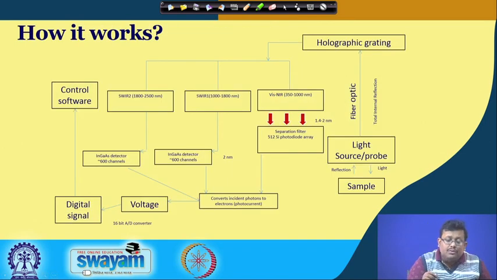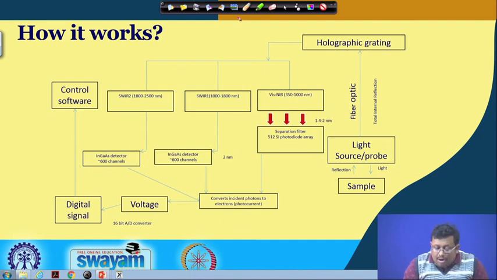So, let us see how it works. If you see the internal configuration of these instruments, this is the sample, this is the starting point, and this is a handheld probe which has a source. It shines a halogen white light, and some amount of light gets reflected back from the surface due to diffuse reflection.